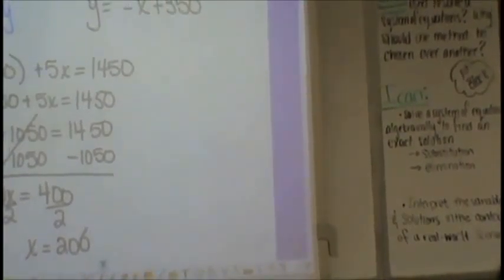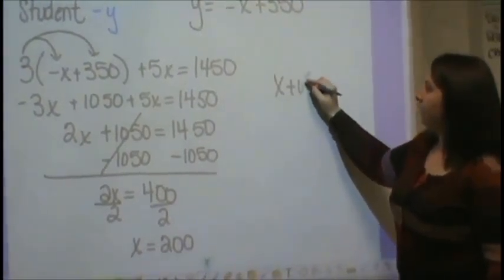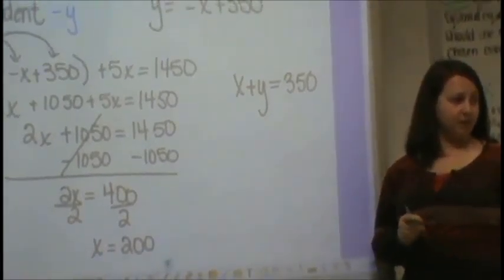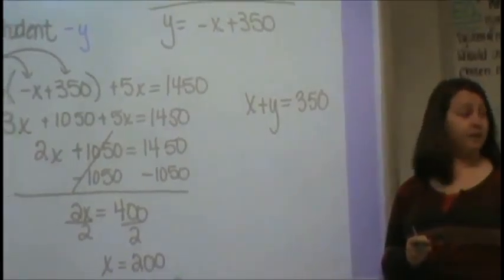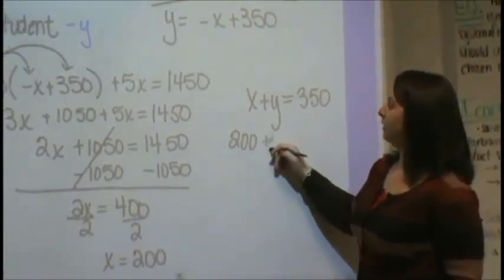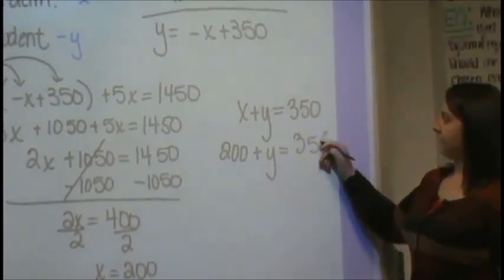Yep. Are we finished? Pick the easier equation, which was x plus y equals 350. What am I doing? Plug in what? So what am I writing? 200 plus y equals 350.